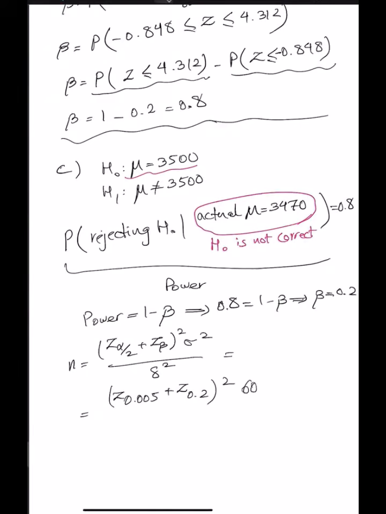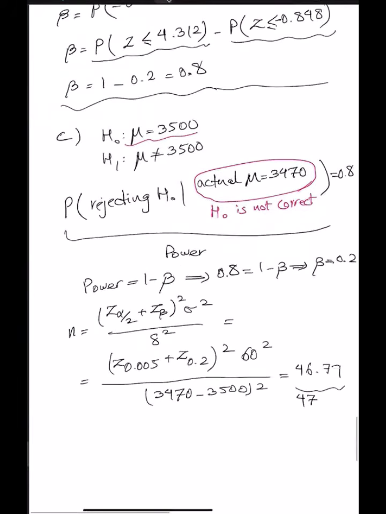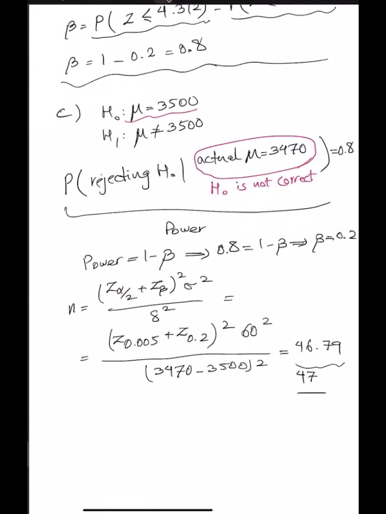Sigma, which is 60, to the power of 2. And then delta to the power of 2, which is 3470 minus 3500, to the power of 2. The result is going to be 46.79 or 47 samples. So that's going to be our sample size to be able to get to the desired power for this test.